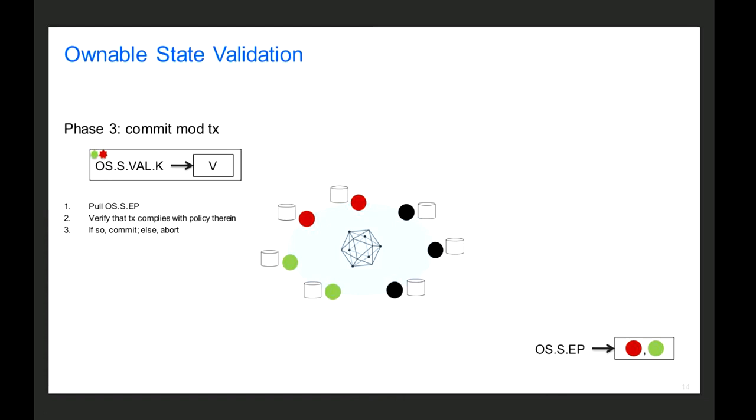It sees that red and green are supposed to sign, and thus verifies that the transaction complies with this policy, that red and green have to sign off on it. And if the signatures are there, the peers can commit, and otherwise it's an abort, like with every other endorsement policy.